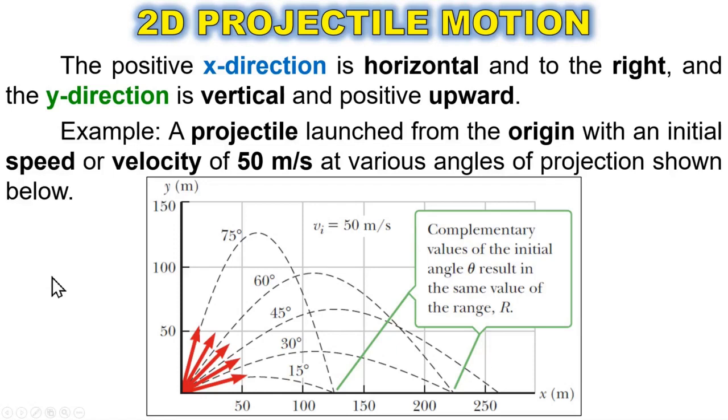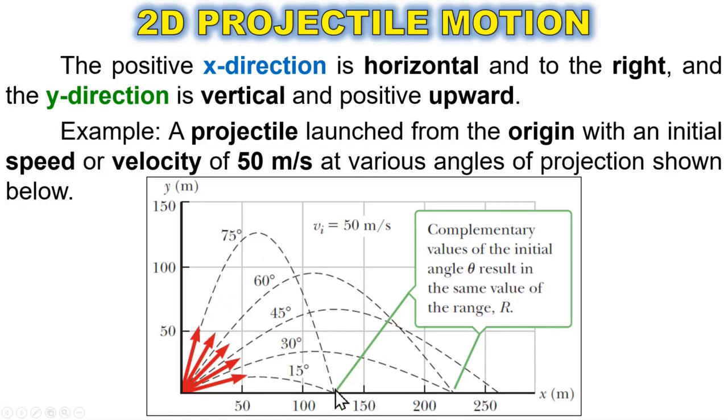For example, a projectile launches from the origin with an initial speed or velocity of 50 meters per second at various angles of projection shown below. For example, if the angle is 75 degrees, the trajectory with a velocity or speed of 50 meters per second will look like this.